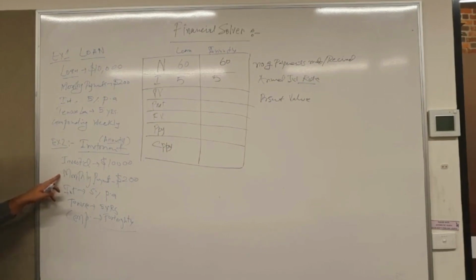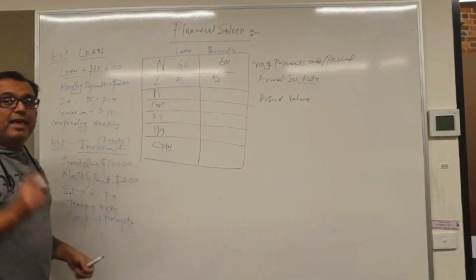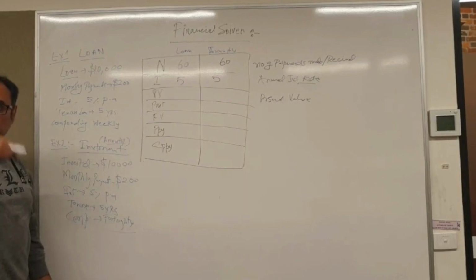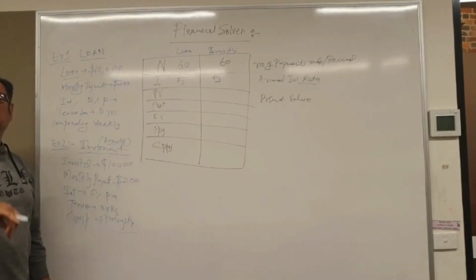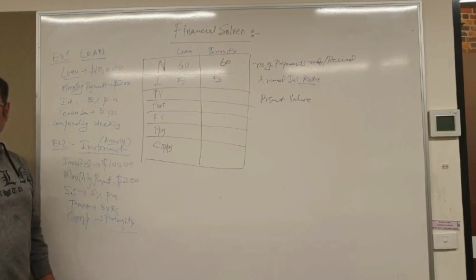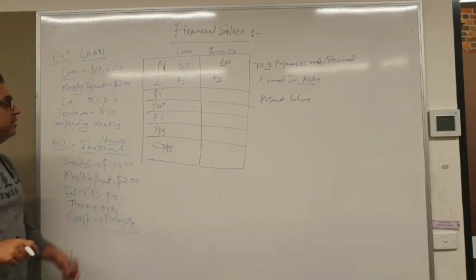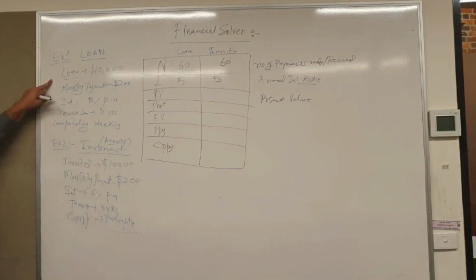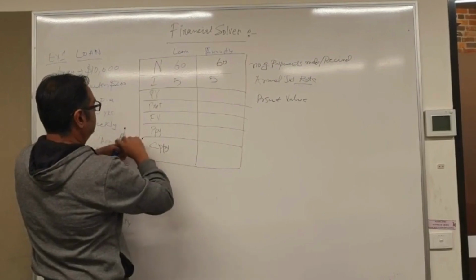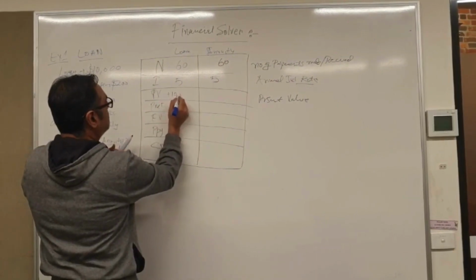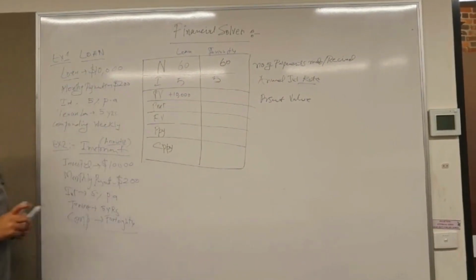What's the difference here? Any money coming into your bank account is positive. Any money going out of your bank account is negative. I told you last time. For loans, money is coming in. You've taken a loan, it comes into your bank account. So, positive 10,000.